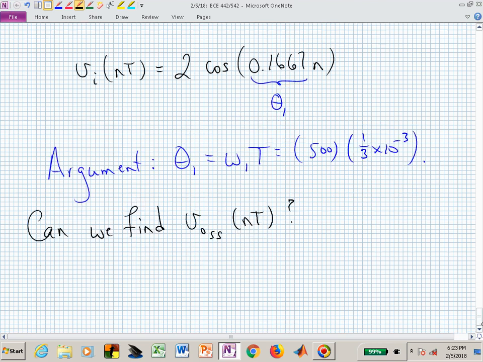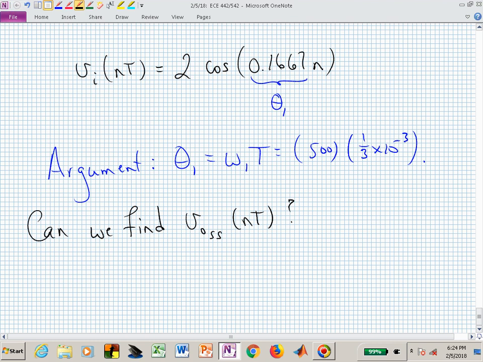What's one way that we could simply simulate this? You could produce this sequence of numbers, V sub I of n, for n equal to 0, 1, 2, 3, just by evaluating this in a spreadsheet, in a computer program, by hand. You could generate different values of that cosine. But how else do we know how to find it, in addition to numerically? What did we talk about at the beginning of today's lecture?